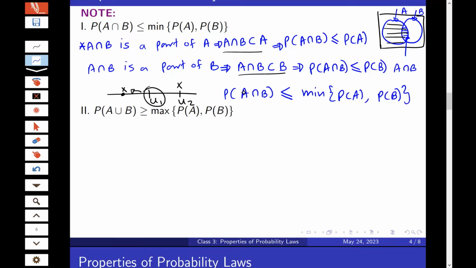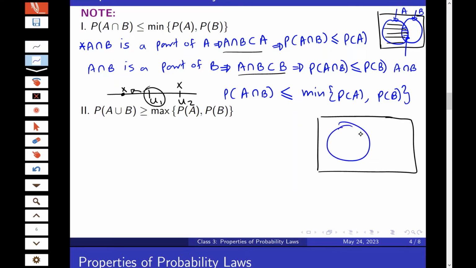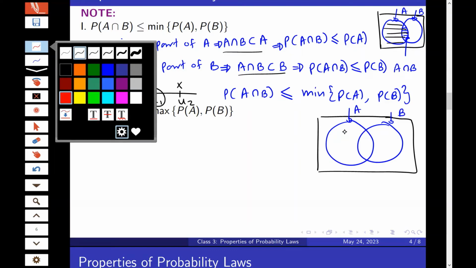Using a similar argument, we can prove a maximum bound for the union. First I will draw and visualize this argument and then obtain it. This is A, this is B. And I'm going to denote the union now.